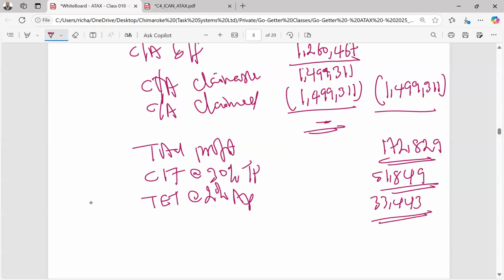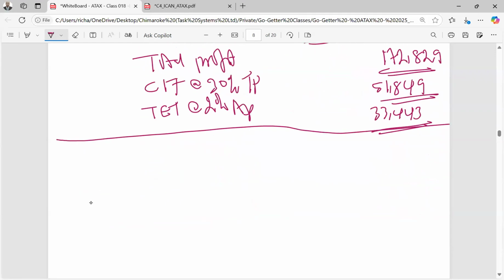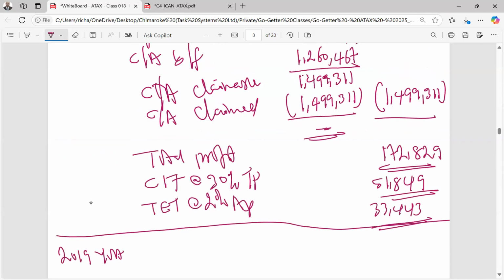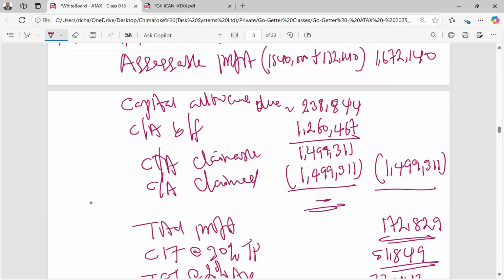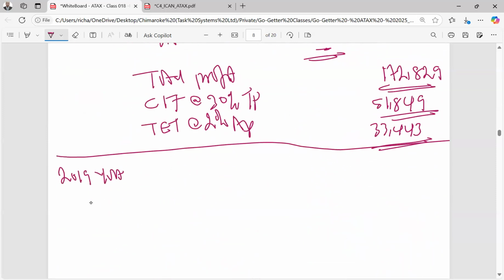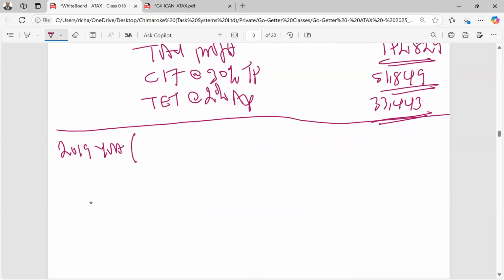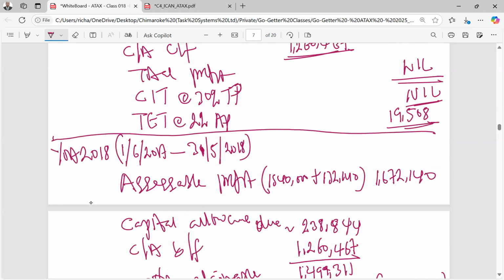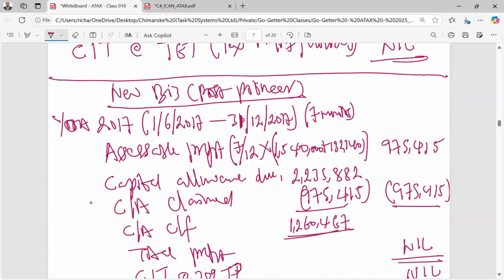All right. Then we go to the last year, which is going to be 2019 year of assessment. What we just did now was 2018. 2019 year of assessment, the basis period is going to be the account year end.